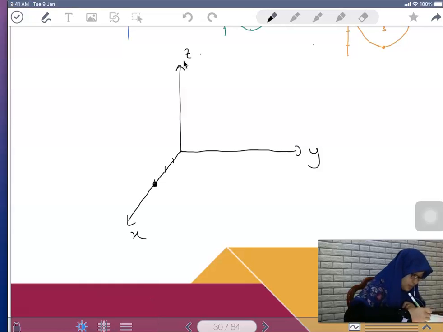So you can see the circle with radius 2. 1, 2, 1, 2. So I just combine. That is the circle.